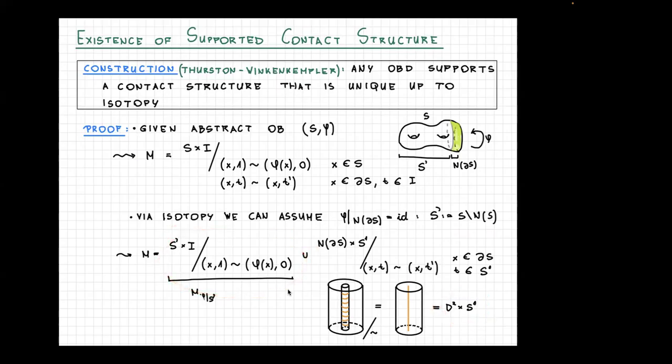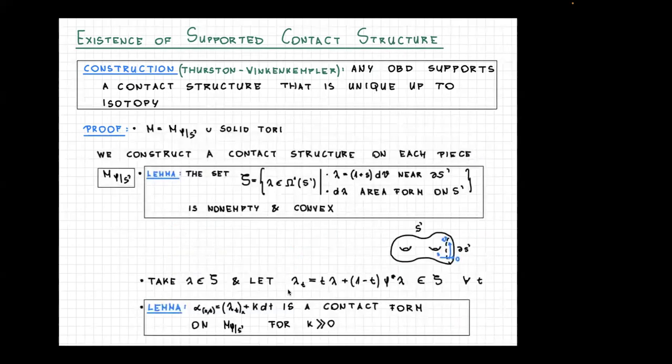Away from the binding is basically a mapping torus. Now I have to construct a contact structure on the mapping torus, and then extend it near the binding. The construction on the mapping torus goes the following way.